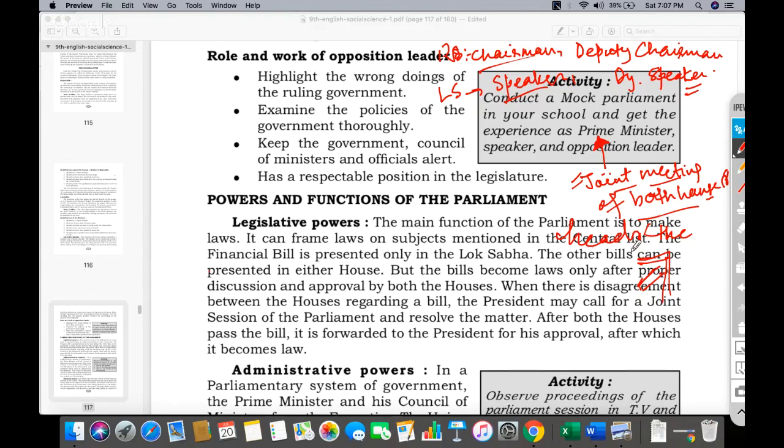Okay, those who are saying president are definitely wrong. The president will never come and become the head.